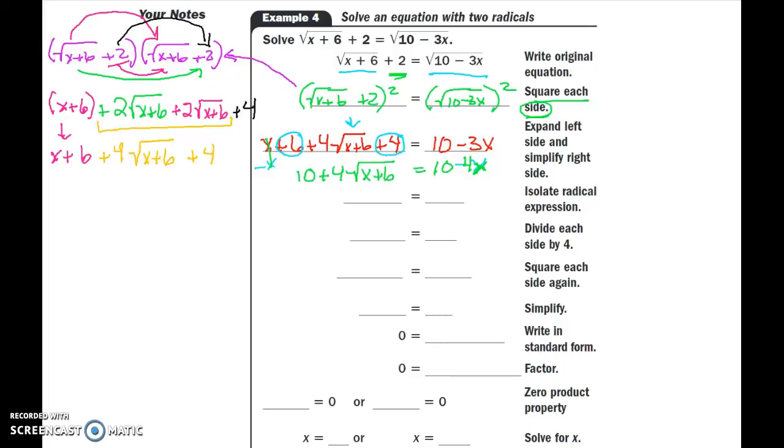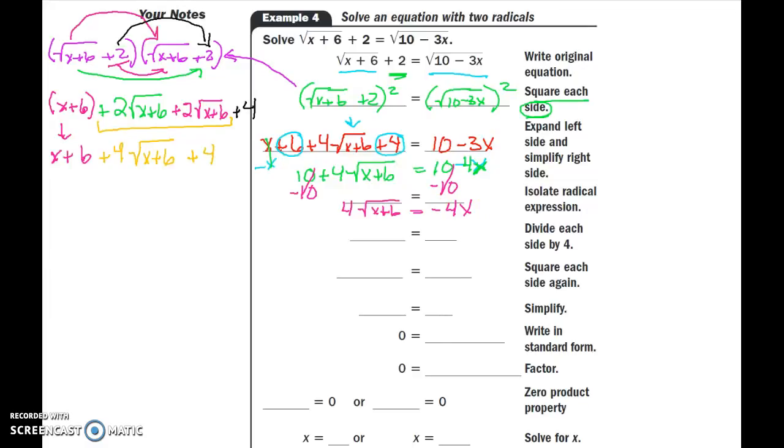Okay, now I'm going to subtract 10 from each side because I'm trying to get this radical by itself. So I subtract 10, and that gives me 4 radical x plus 6 equals negative 4x.